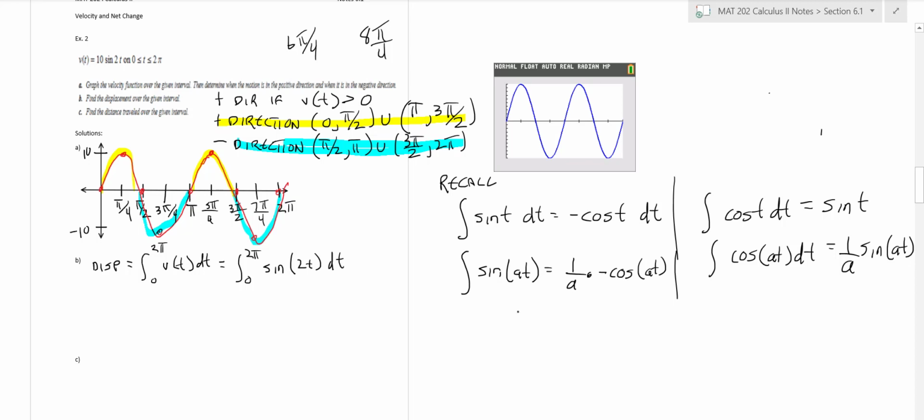The reason this works is because if you take the derivative of this, 1 over a times negative cosine at, you'll end up getting the sine of at. I'll just go ahead and show you that. So you do a derivative. 1 over a is a constant, so you just write it down. Negative is a constant, and the derivative of a cosine, remember, is negative sine of at, and by the chain rule, the derivative of at is a.